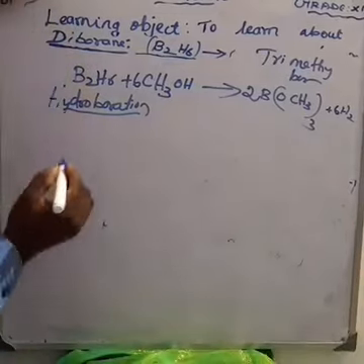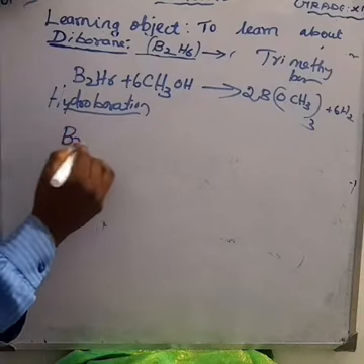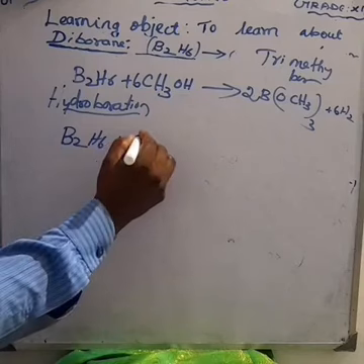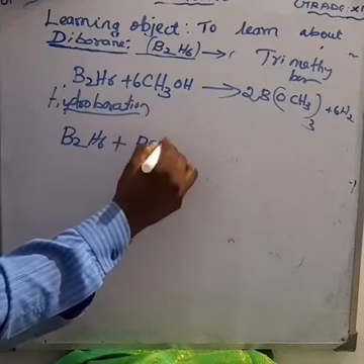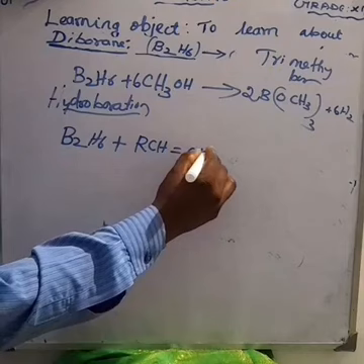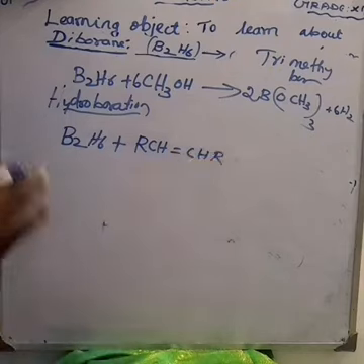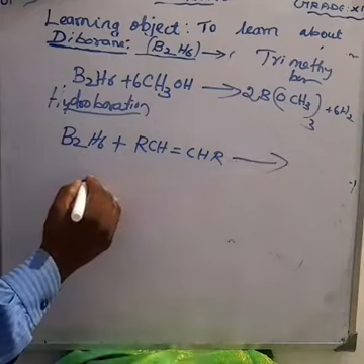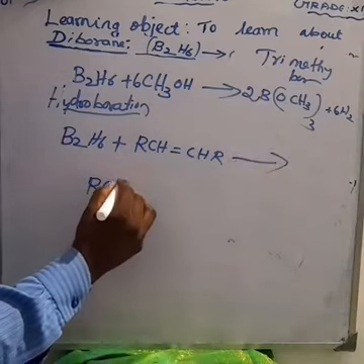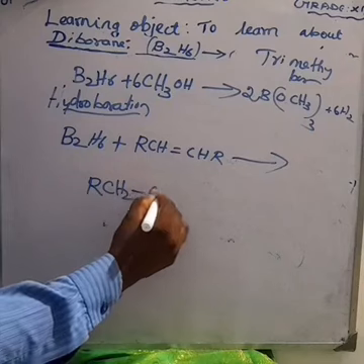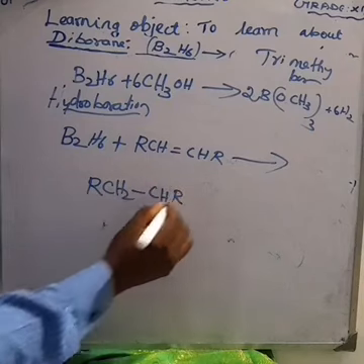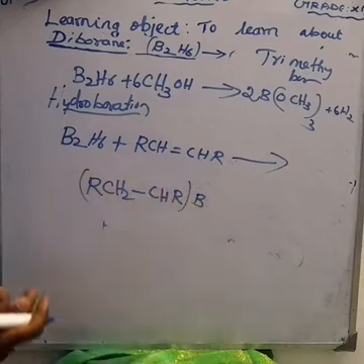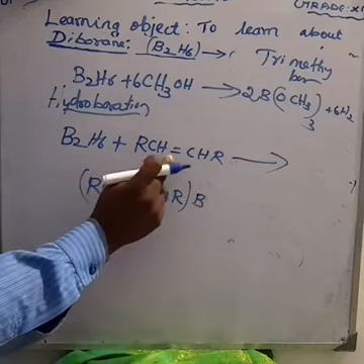So what is the given formula? That is diborane. What is the formula of diborane? B2H6 reacts with RCH double bond CHR. This is a symmetrical alkene, am I right? So we get one compound, RCH2CH(R)B, where B is boron.